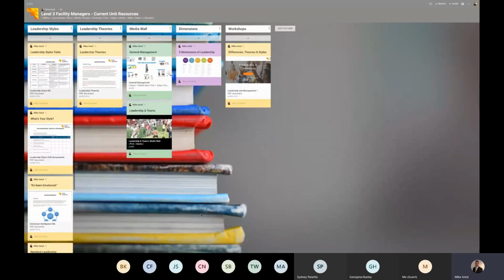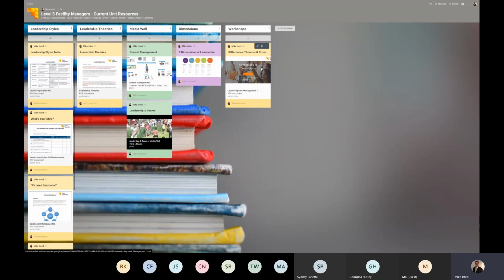So everything that you're looking at here now is relative to this morning's workshop. All of the handouts which have been created for you, the media wall and the management media wall, which is part of a larger level 5 management and leadership, but still very relative to you. And likewise with today's workshop, which is available for you here.